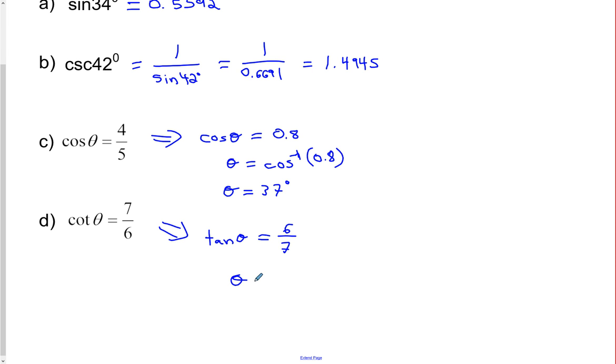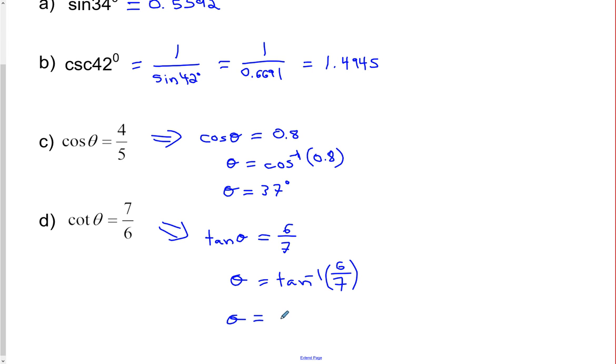So we'll say, okay, our angle is the tan inverse of 6 over 7. I can do that on my calculator by going inverse tangent of 6 divided by 7, whatever that works out to as a decimal.